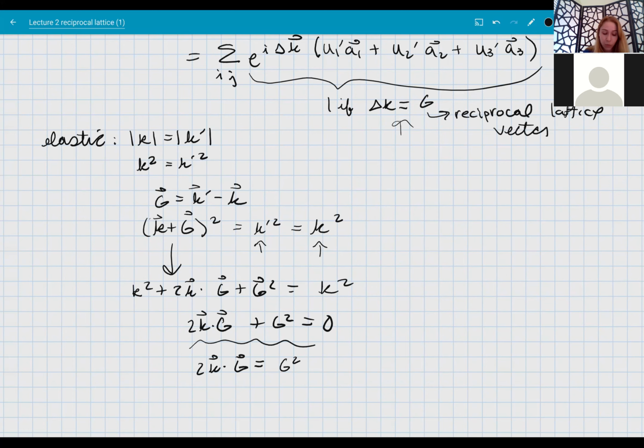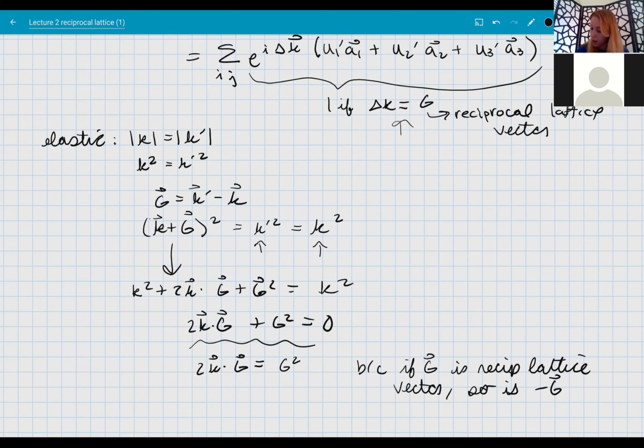The reason that we can do this is because if g is a reciprocal lattice vector, then so is minus g.